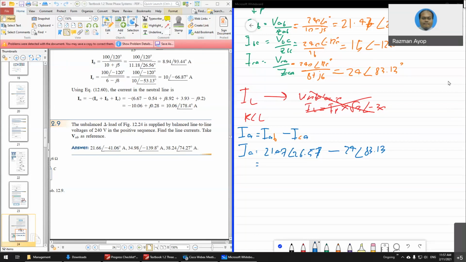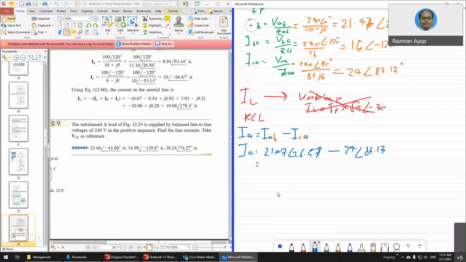Can you calculate this? Anyone? If you can calculate it quickly, give me the answer. Nobody can answer this? Just use your calculator.